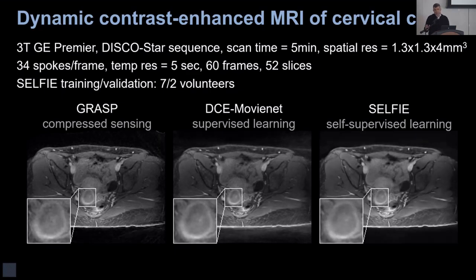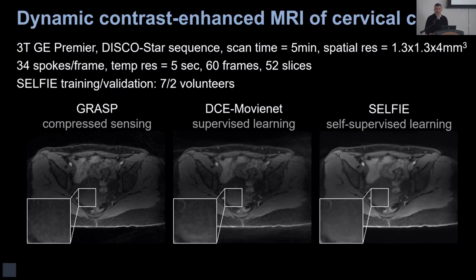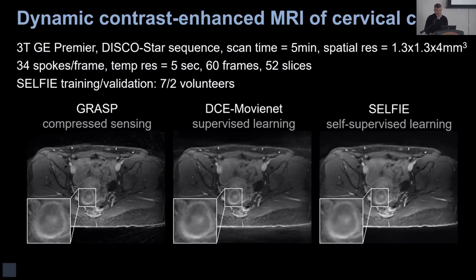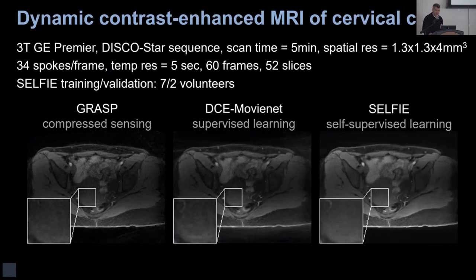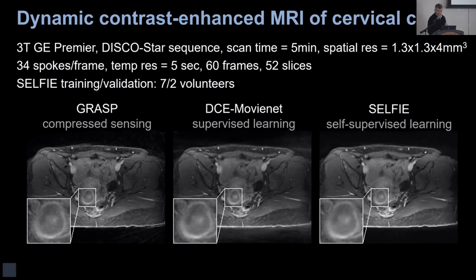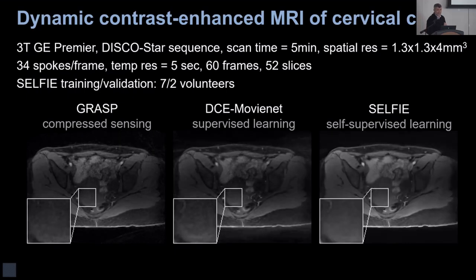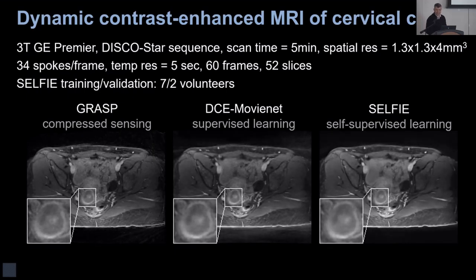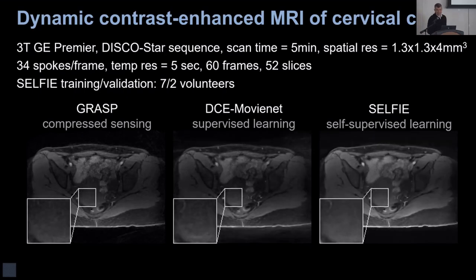And SELFIE is doing much better at unstreaking the images, and also you have a very smooth contrast enhancement in the tumor region. Okay. And following Dan's suggestion, I also zoomed in on the tumor region because he was actually my mentor, right?